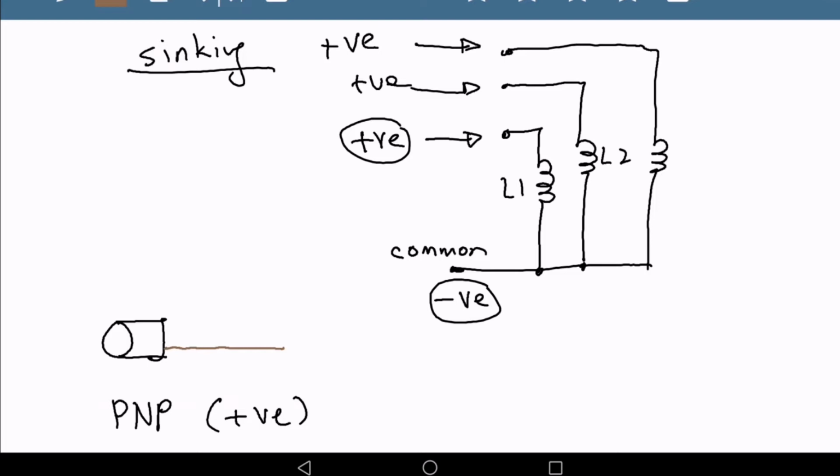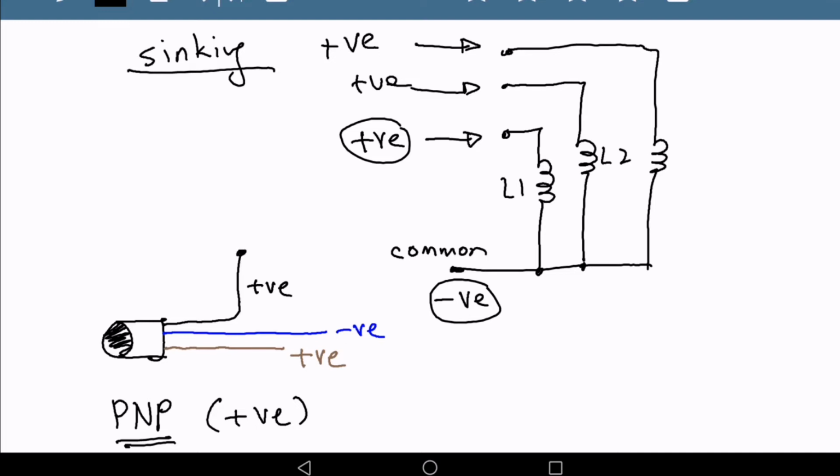Brown to positive of your power supply, blue to your negative of your power supply, and then the black, the output is positive because this is PNP.